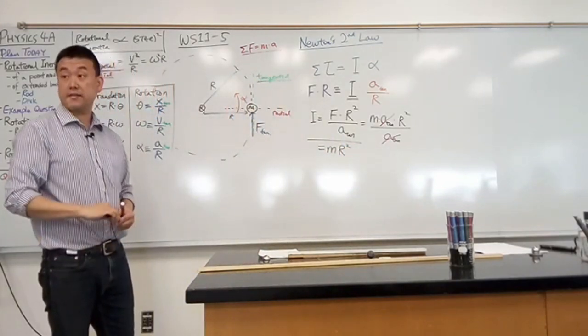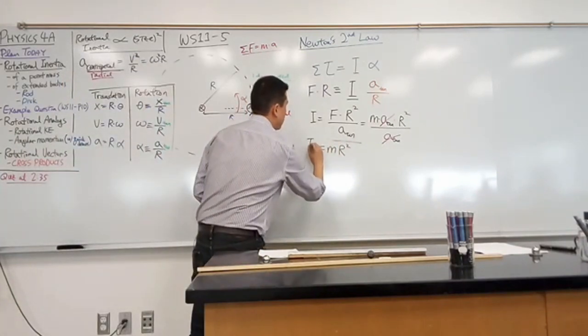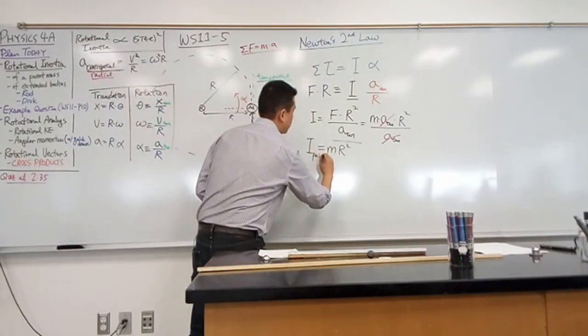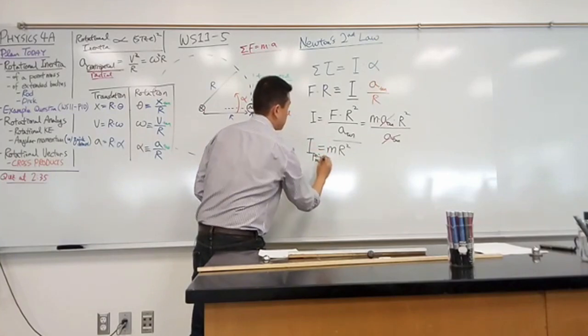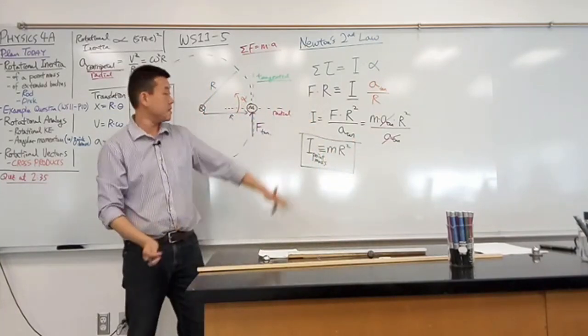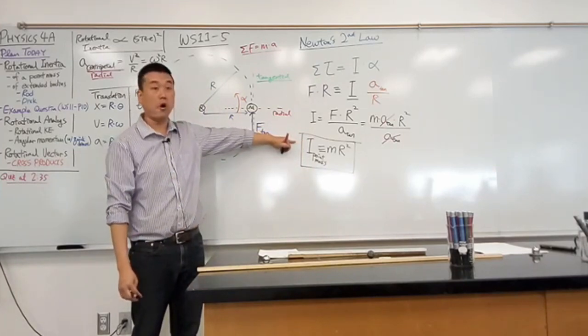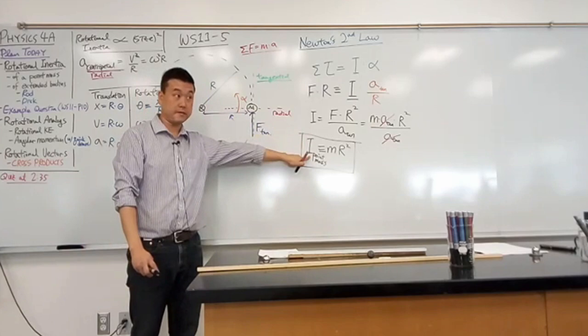And you can actually take this as a definition. This is the rotational inertia of a point mass. If you take this as a definition, that would be fine. This is an expression that will never be wrong, as long as you're talking about a point mass.